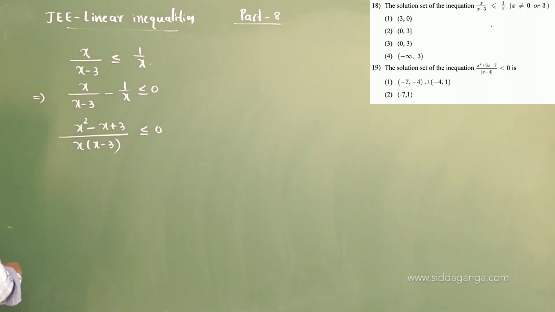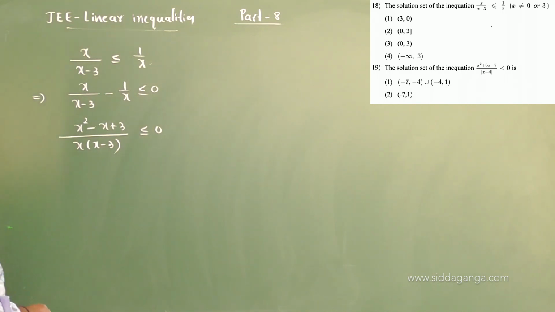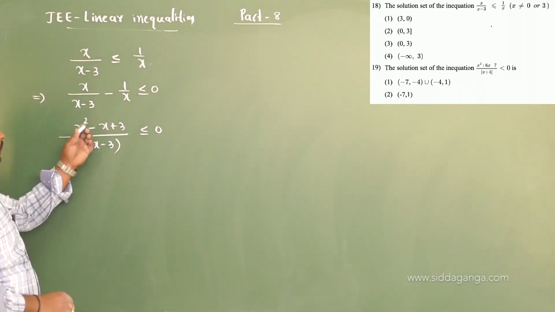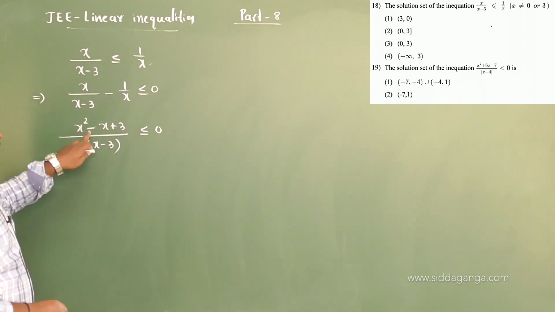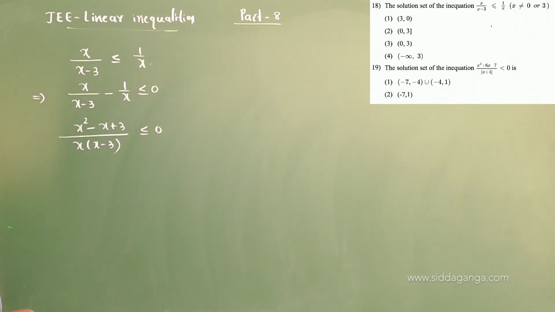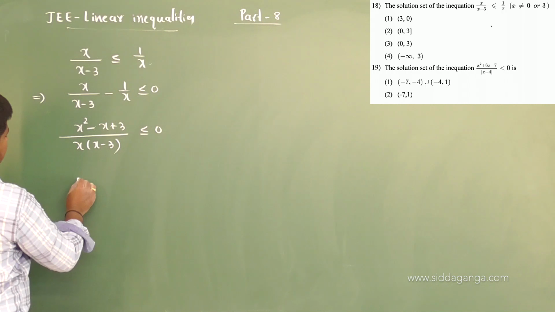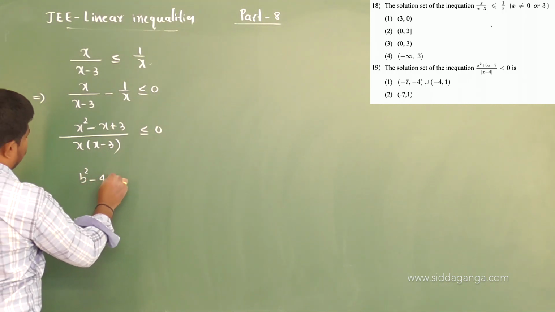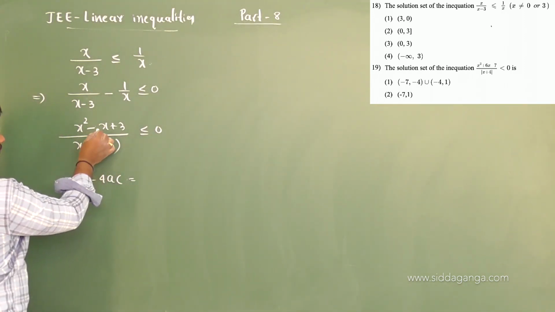Okay, now again we have it in the form of a by b. We have both a numerator as well as a denominator. In the case of the numerator, we have a quadratic polynomial. So let me check as before whether it is positive or not. Let me find b square minus 4ac for the numerator. So b is minus 1, right?